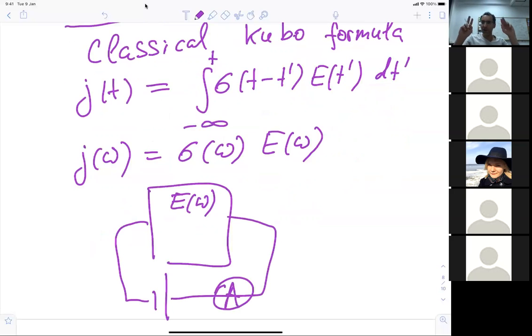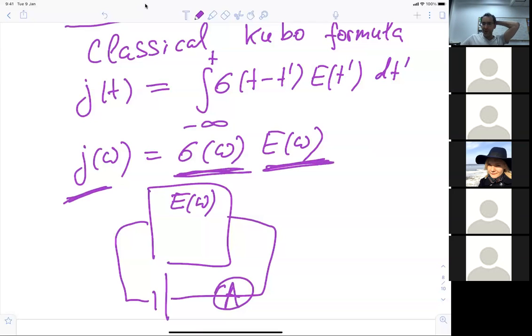There is a small perturbation that drives the system out of equilibrium, this is E, and you measure something that flows through the system as a response to this driving force E, and the coefficient of proportionality is a linear response coefficient.